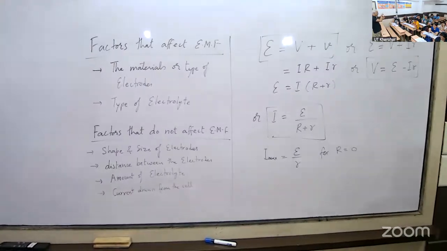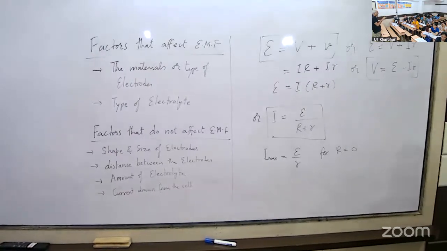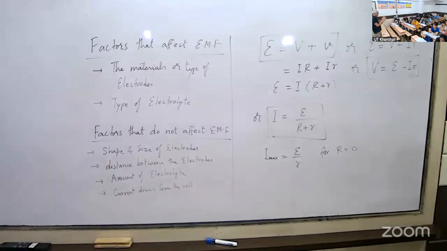The moment charges deplete, the equilibrium condition is disturbed. So now the electrolyte, which was dormant, will again react with the electrode and balance the charges again. It will keep replenishing the potential difference, because the potential difference has to be maintained for the bulb to continuously glow. So this will happen till the lifetime of the chemical reaction.